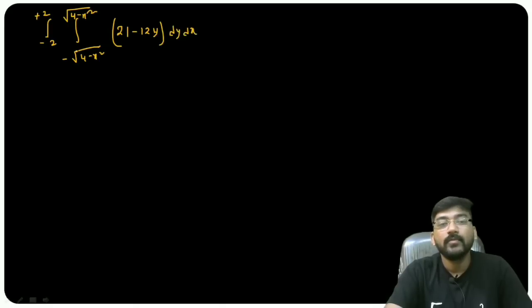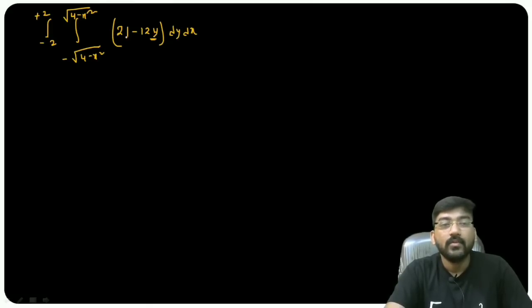Now we have to integrate with respect to y, then at last with respect to x. You can see y is an odd function, so when we integrate y dy it will be 0, because the limit is minus root over 4 minus x square to plus root over 4 minus x square, that is minus a to plus a of f of x dx. You have done this kind of integration in your 10 plus 2 level, and y dy is equal to 0 for an odd function.